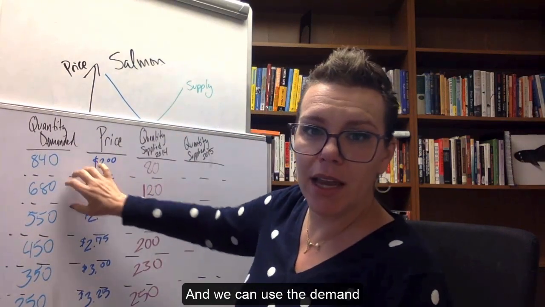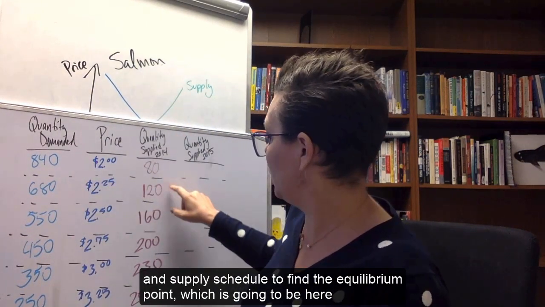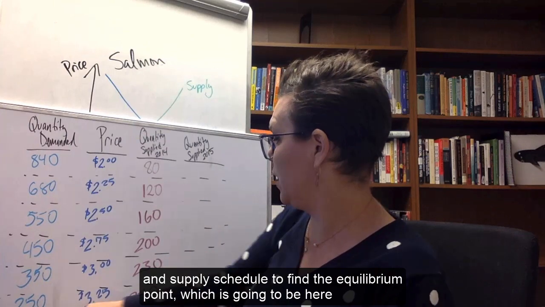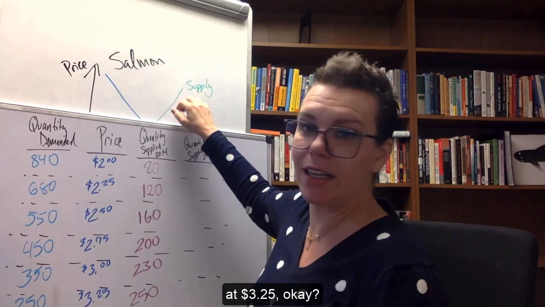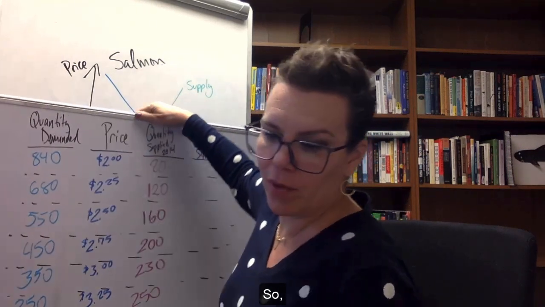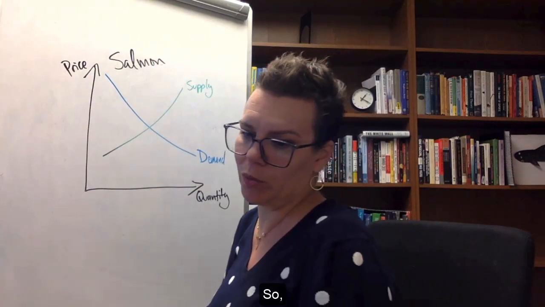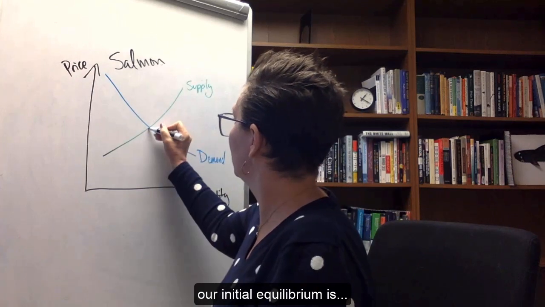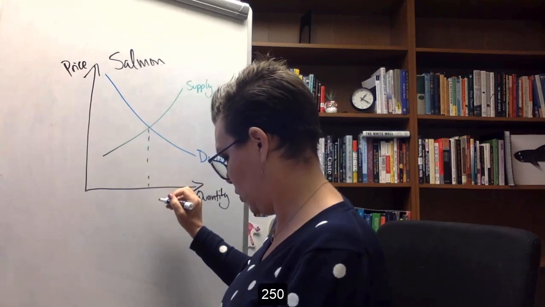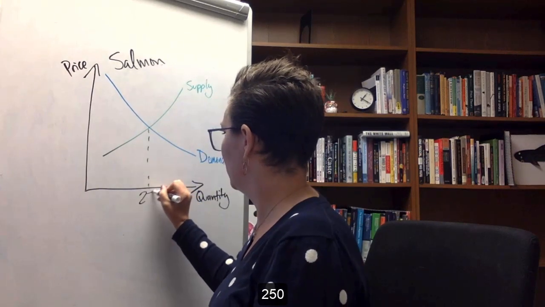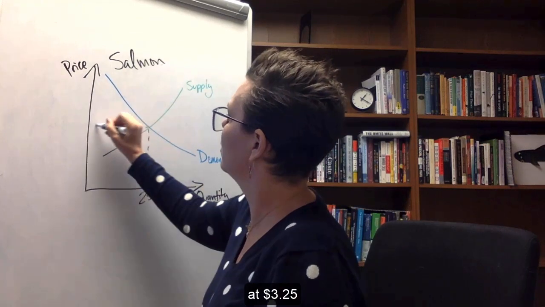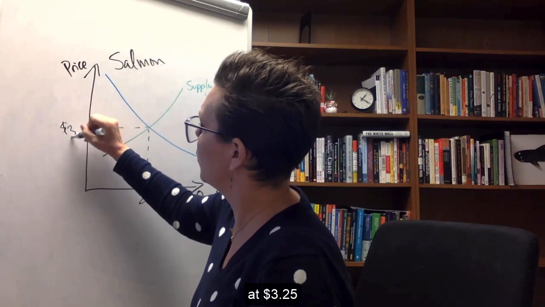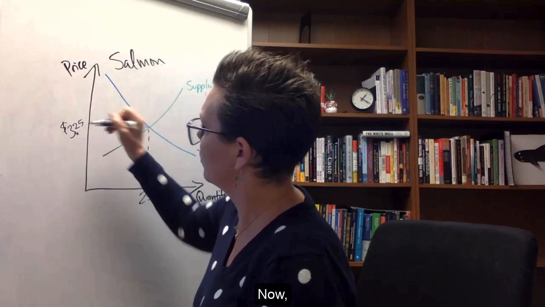And we can use the demand and supply schedule to find the equilibrium point, which is going to be here at $3.25. Okay? So our initial equilibrium is $2.50 at $3.25.